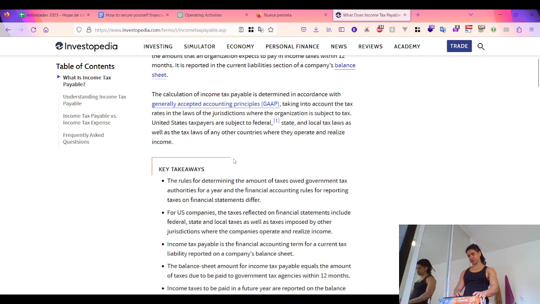United States taxpayers are subject to federal, state, and local tax law, as well as the tax law for any other country where they operate and realize income.